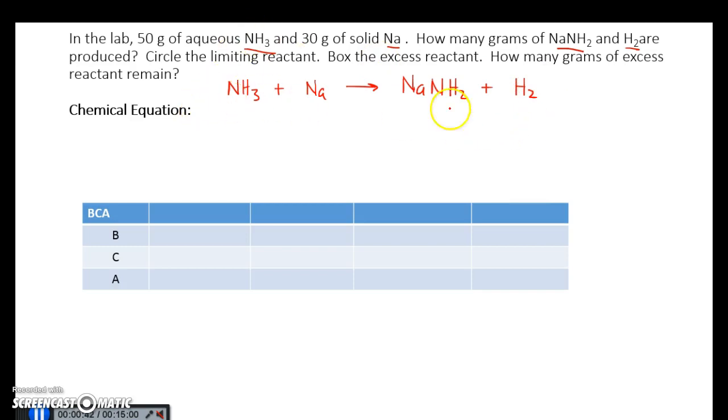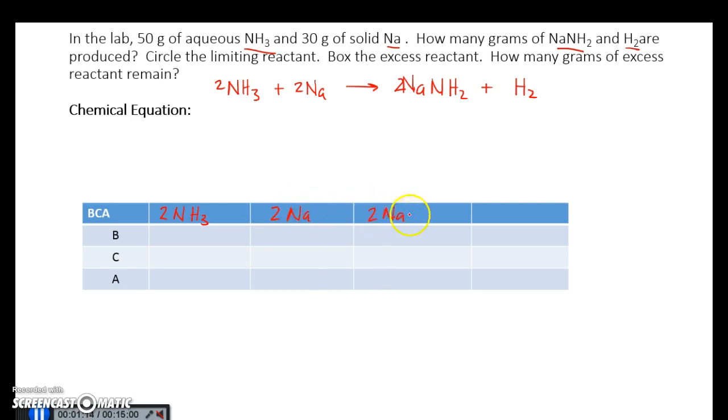If I were to balance this out, I would have 2, 2, and 2 over here. That means for every 2 moles of NH3, I need 2 moles of Na to produce 2 moles of NaNH2 and H2. My next step is placing these balanced chemical formulas into my BCA table.